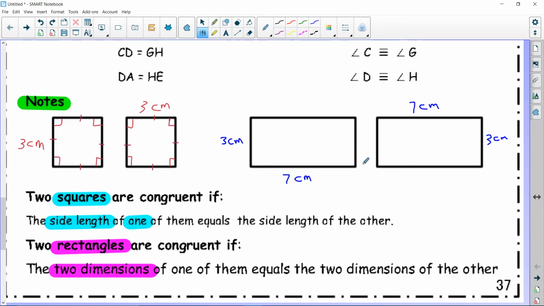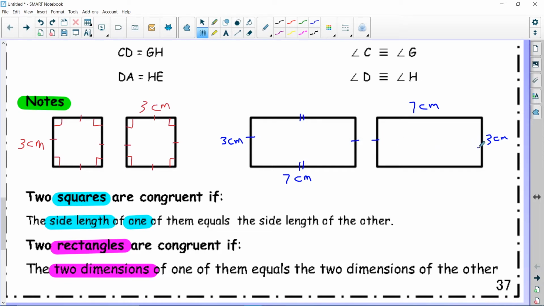Now I can say that these two rectangles are congruent because the two dimensions of one of them equal the two dimensions of the other, and we know that each two opposite sides in the rectangle are equal.